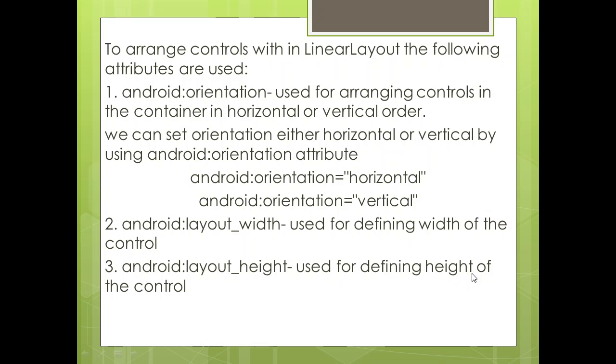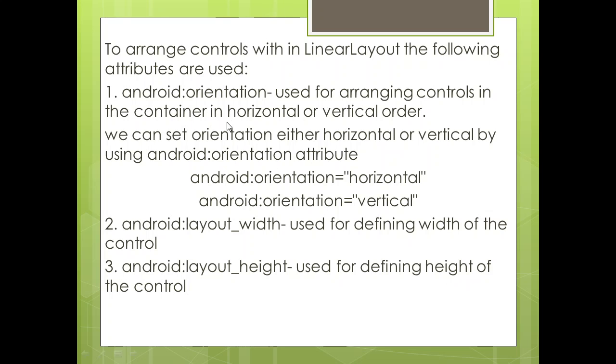To arrange these controls in the linear layout, the following attributes are used: android:orientation, android:layout_width, android:layout_height, android:padding, android:layout_weight, android:gravity, and android:layout_gravity. By using these attributes, we can arrange all the controls in the linear layout.